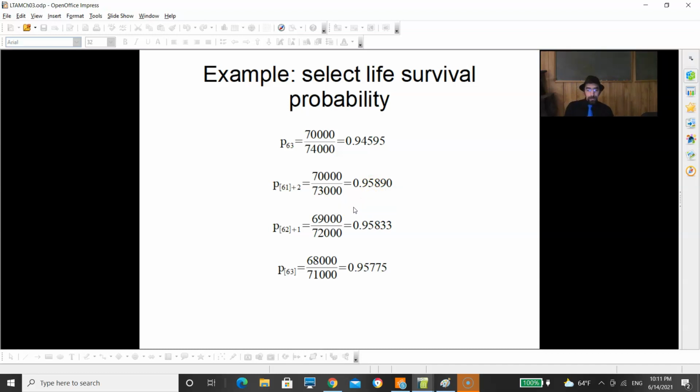Now, it should be that the more recently you were selected, the higher your survival probability is. That turns out not to be the case here. They correctly identified that P selected at 63 is greater than P63, but it should also be greater than P selected at 62 plus one more year, and it's not. And that should be even greater than P selected at 61 plus 2 more years, and it's not.